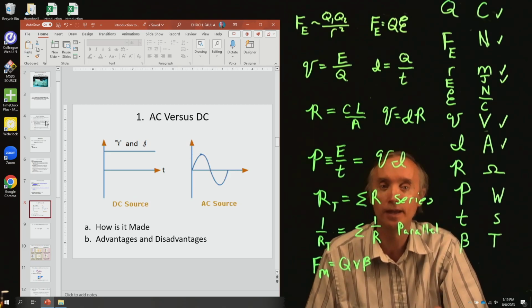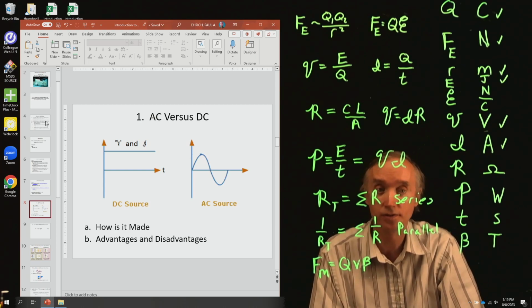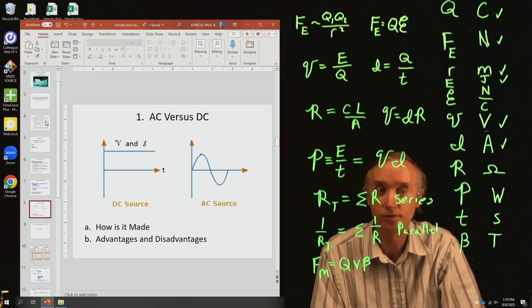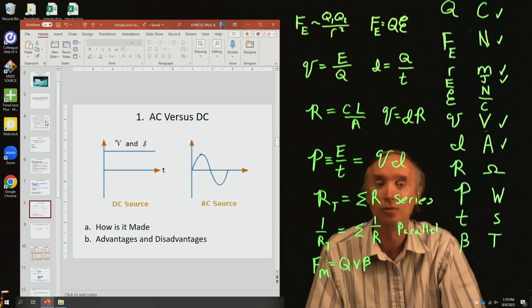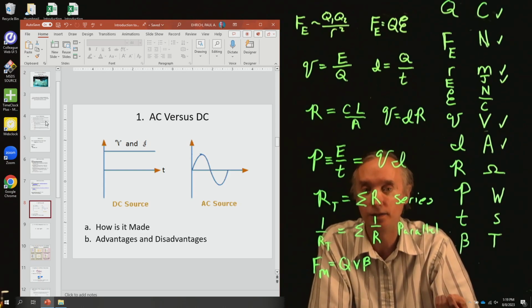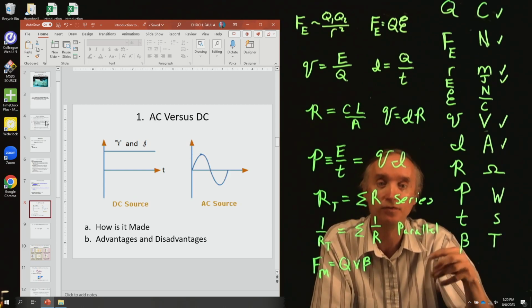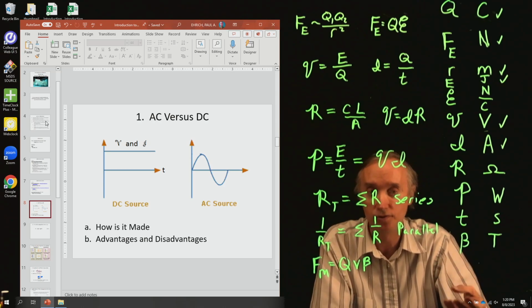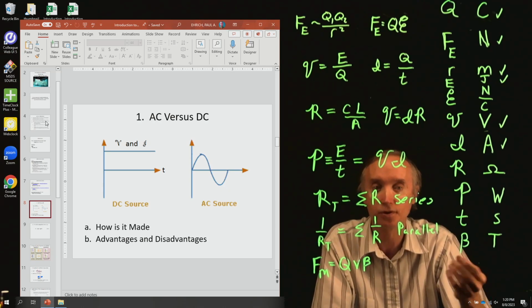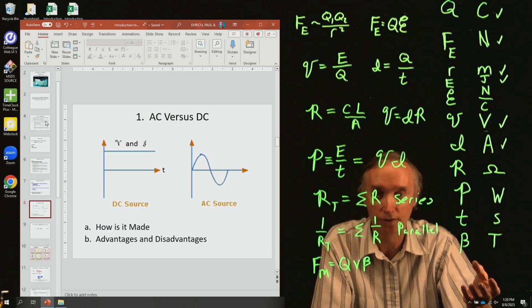Okay, how do you make DC electricity? With a battery. And how do you make AC electricity? With a generator. Once the AC is made with the generator, you can transform it into DC by using certain circuit elements, and you could also transform DC into AC by using circuit elements, but we're not going to get into that.